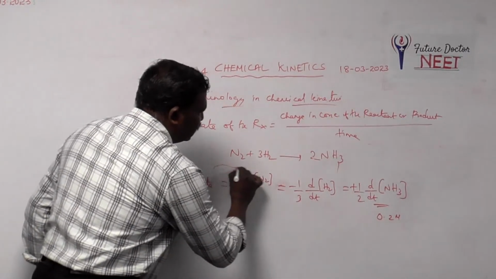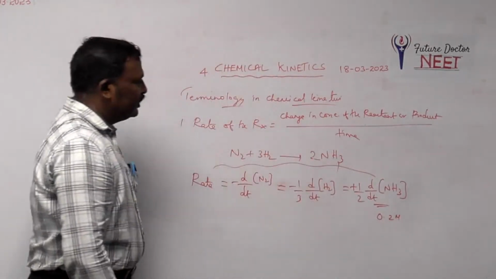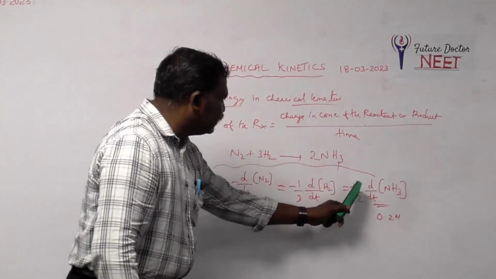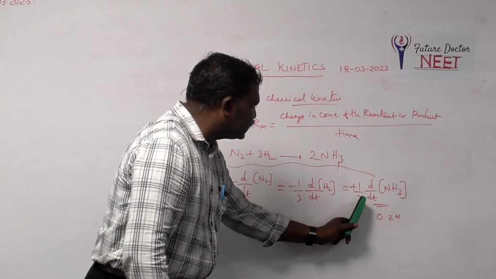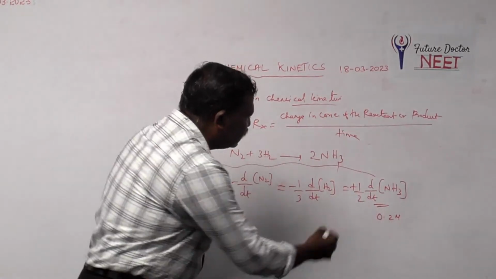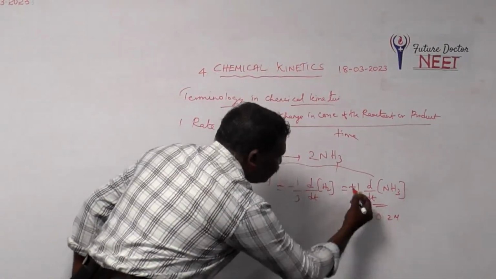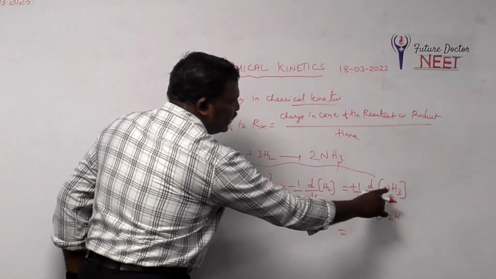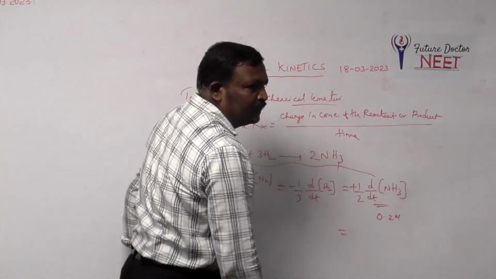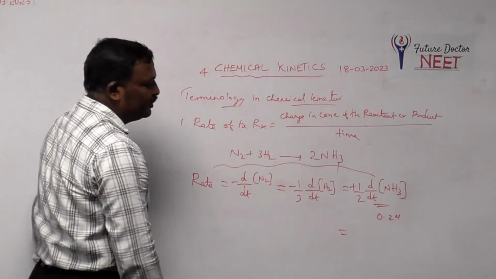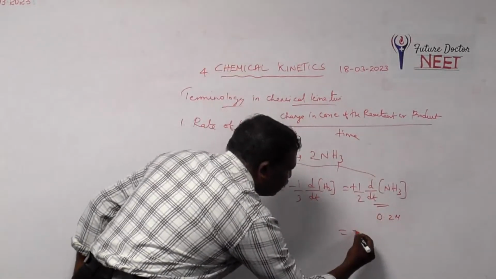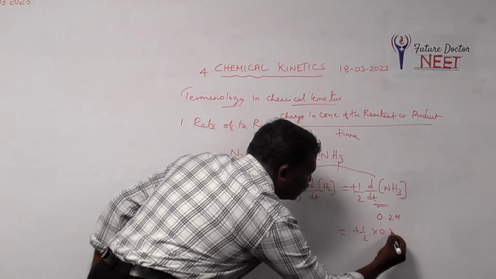Just compare these two only. If the value is given, it is 1 by 2, no? So here just multiply. If this value is given, you just substitute here. The rate of formation of ammonia is 0.2 molarity. What is the rate of reaction? So you just substitute here: plus 1 by 2 into 0.2.